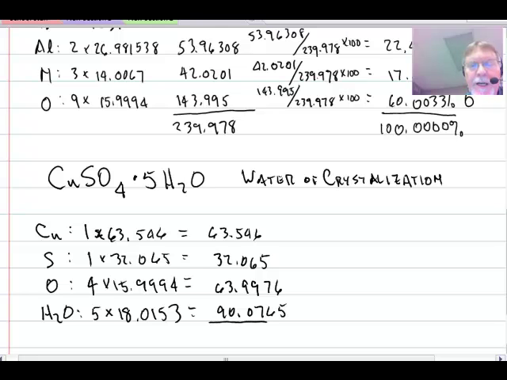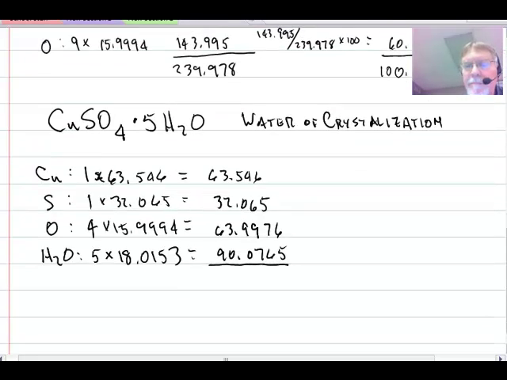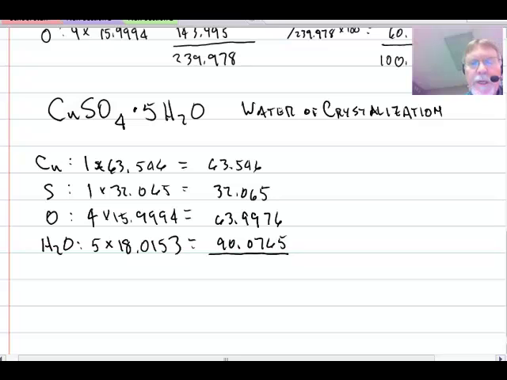When we add those all up together, we come up with 249.685. And I've already taken sig figs into account here.